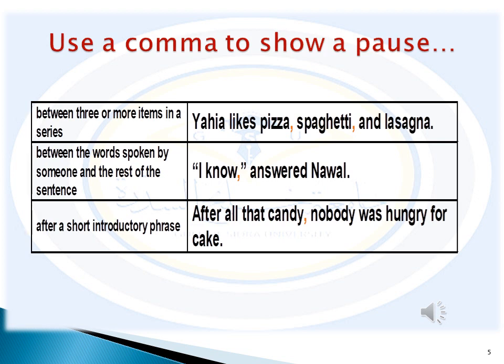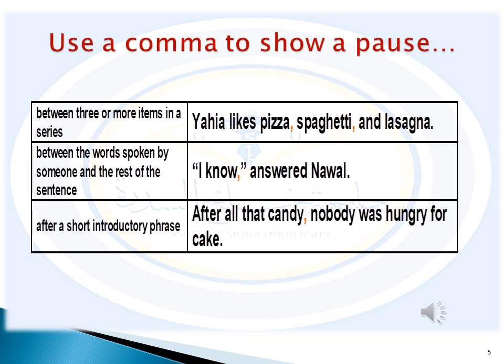So when you have more than two items, let's say three items or more, in a list or series, use comma to separate them. Okay. So here we have three items: pizza, spaghetti, and also lasagna. So we separate the first and the second, and also the third, okay, with what? With a comma.